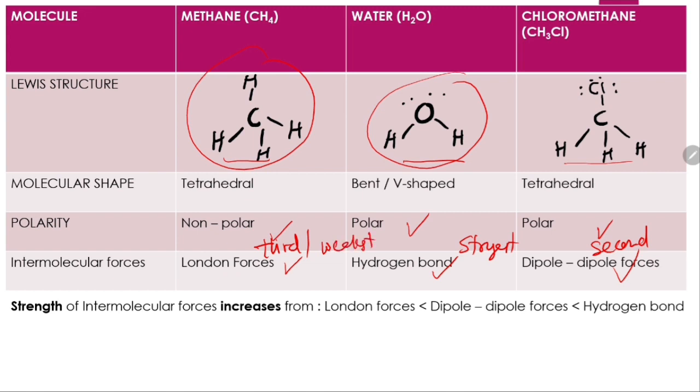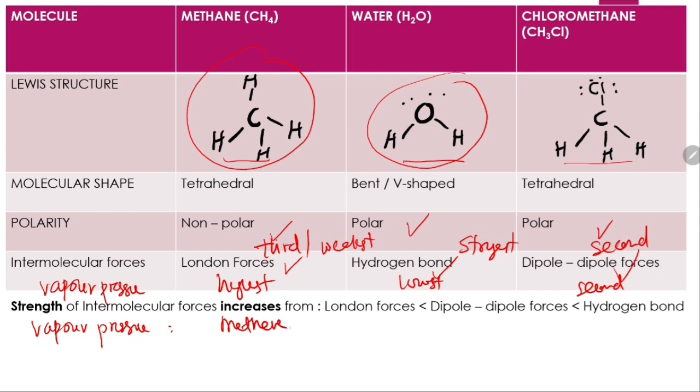Okay, so we can predict that methane will have the highest vapor pressure, followed by chloromethane, and lastly water. So, vapor pressure: methane highest, followed by chloromethane and water.